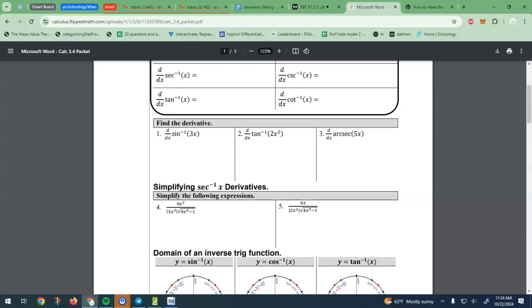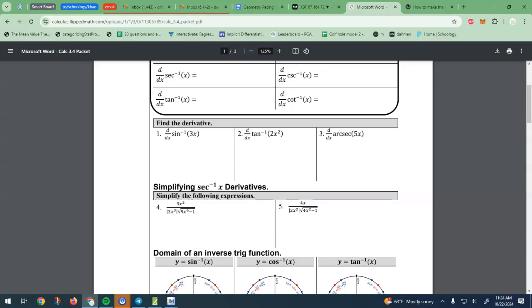But now we have a little guy in place of that x, so what am I going to put in this parentheses? 3x. And then what do I multiply by? It's just chain rule. So I multiply by the derivative of the little guy. So I'm going to multiply by 3. And then they would probably put that 3 on top, so it's like 3 over 1 plus 3x squared. But it's literally just memorize the rule and then don't forget the chain rule. I don't have a ton to explain, you just gotta get to them.